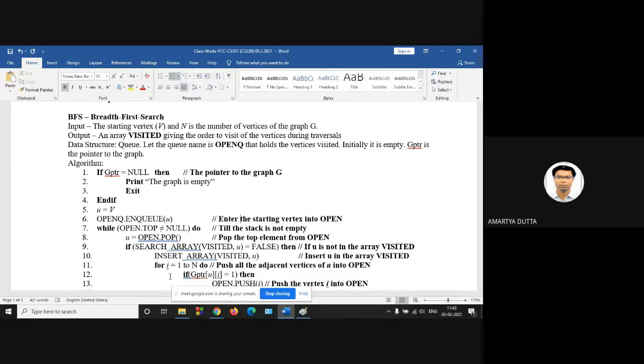Enter the starting vertex into the open queue.